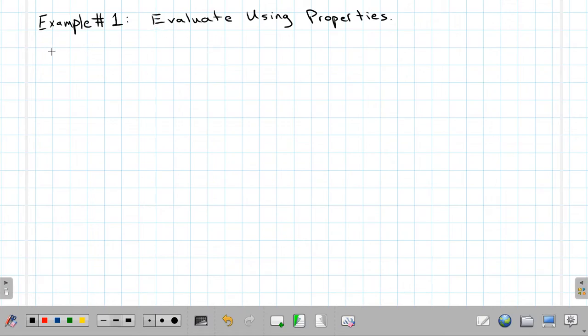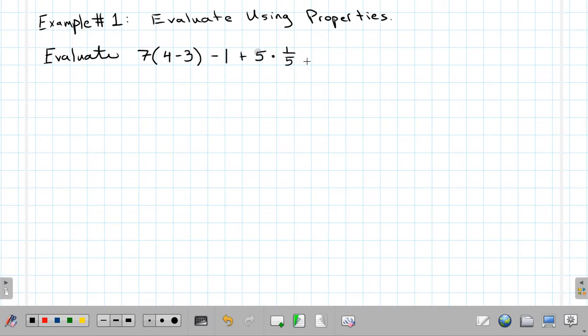The instructions here are going to tell us to evaluate 7 times, in parentheses, 4 minus 3, close parentheses, minus 1, plus 5 times 1/5.